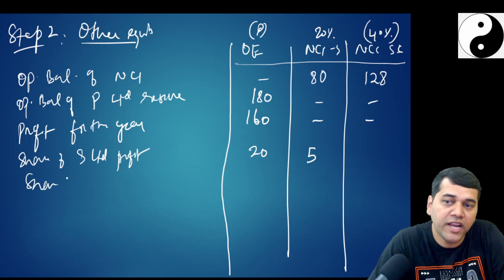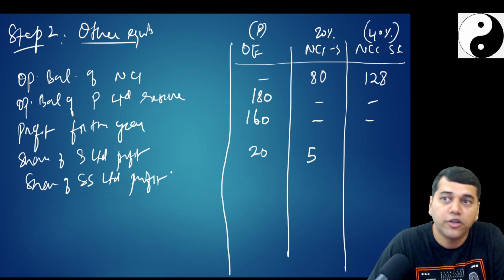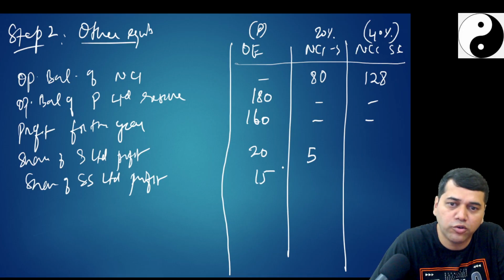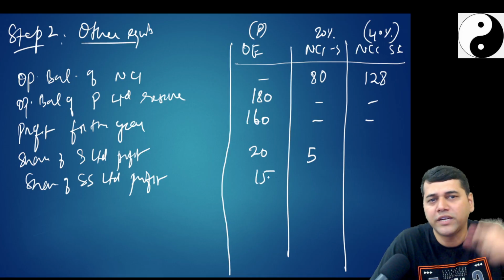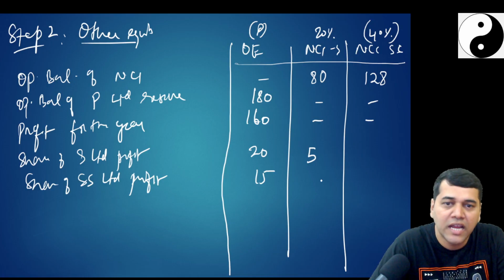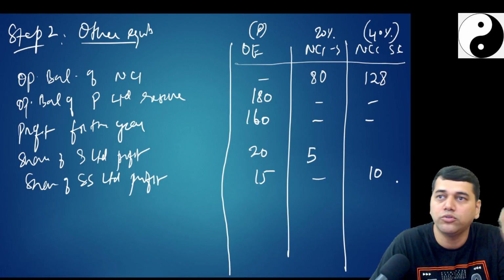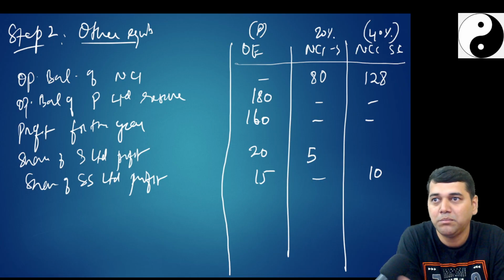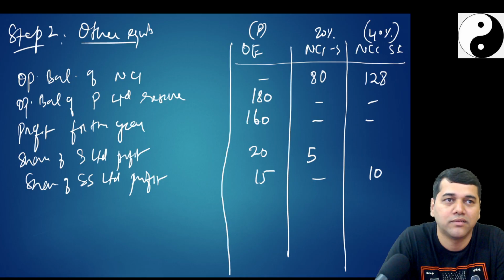Now share of SS Limited profit: how much did SS Limited earn? 25. How much will P get in that? 60%, 15. That's what I told you. Every place you have to treat SS like your normal subsidiary. That's where we calculate the effective interest. And the balance, 10, will go to the NCI of SS, which has 2 more breakups, but it's not required to give that breakup, which is 15 plus 25.